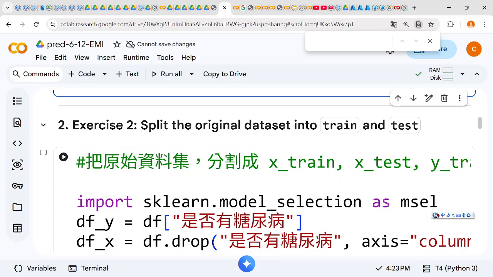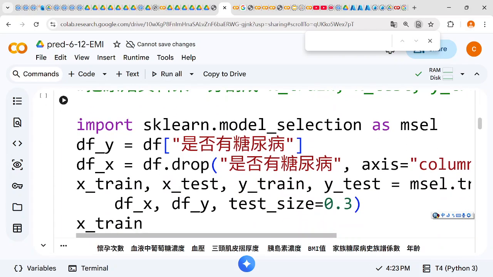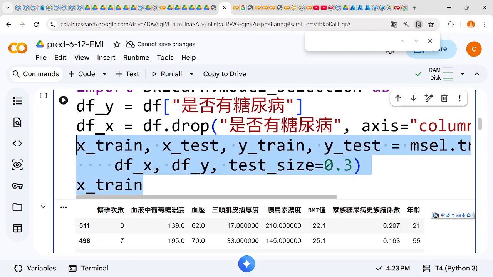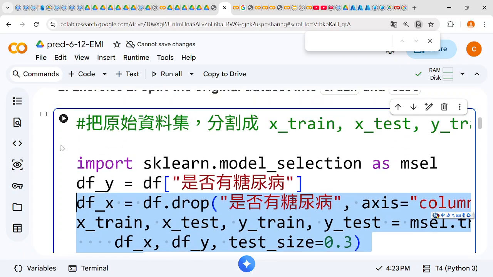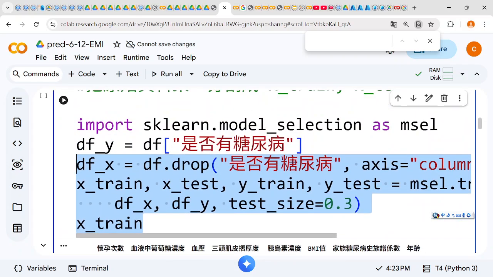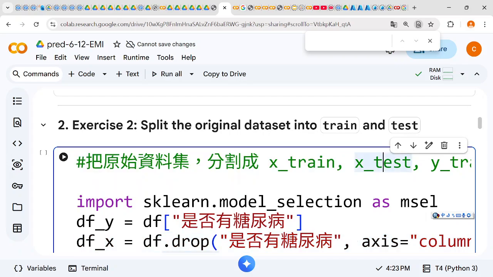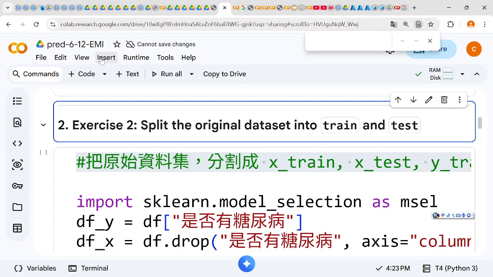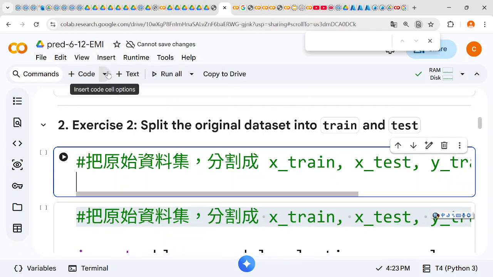And for the second exercise, split the original data set into train and test. Okay, finally we will do it like this. Before I do this, I will write this again by myself. Here I use scikit-learn.